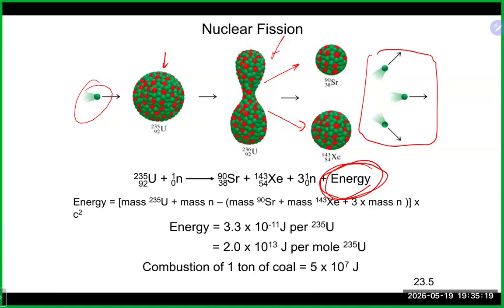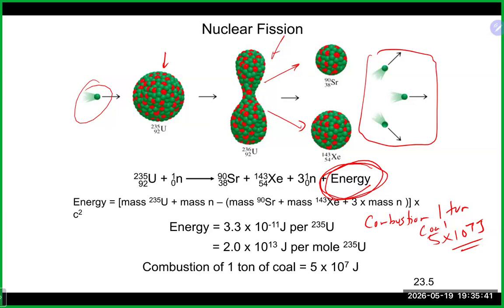In comparison, if you looked at the combustion of coal, 1 ton of coal gives you about 5 times 10 to the 7 joules of energy. And obviously, you can see you get a lot more energy out in a fission reaction.